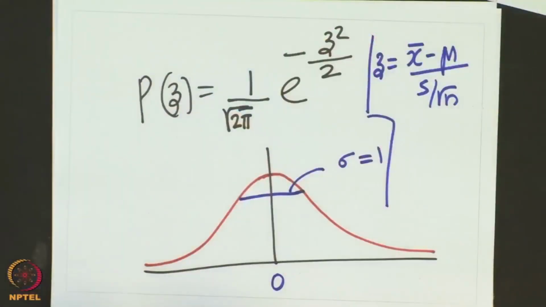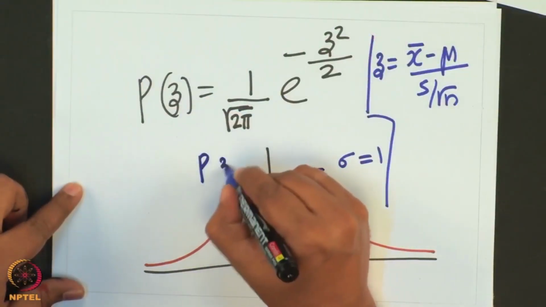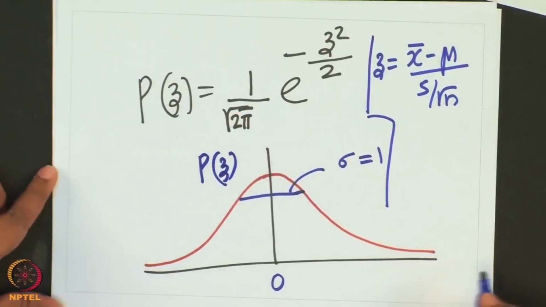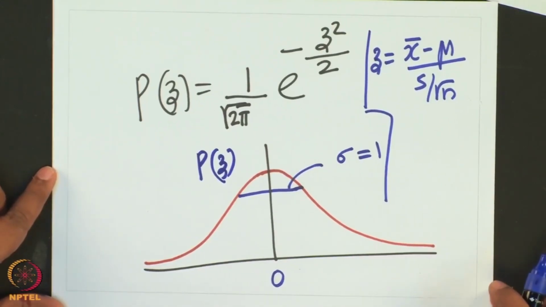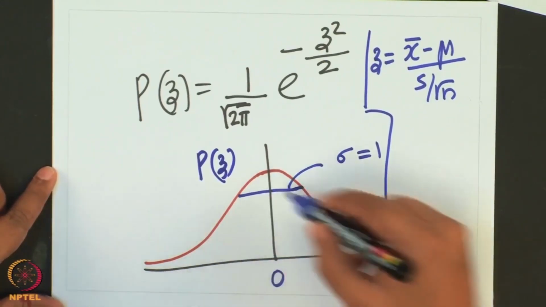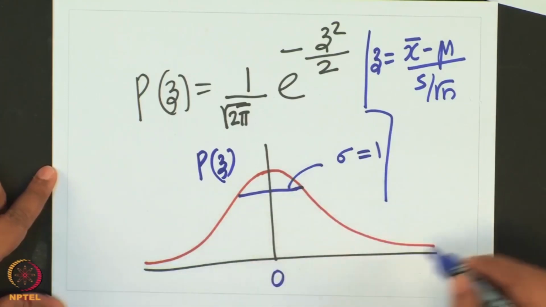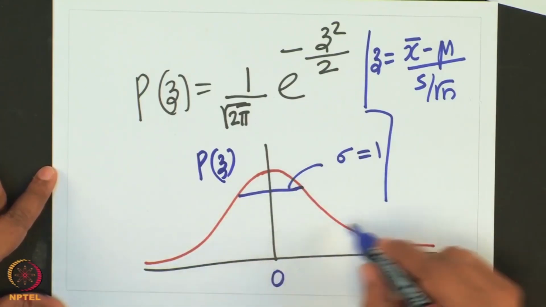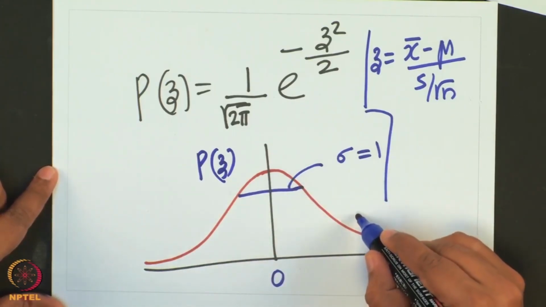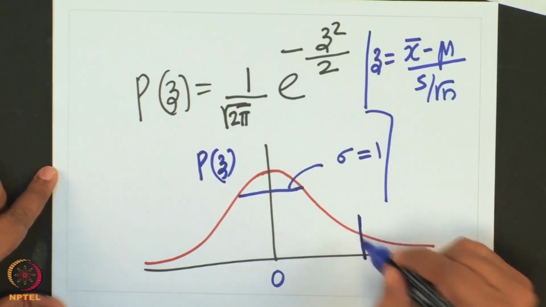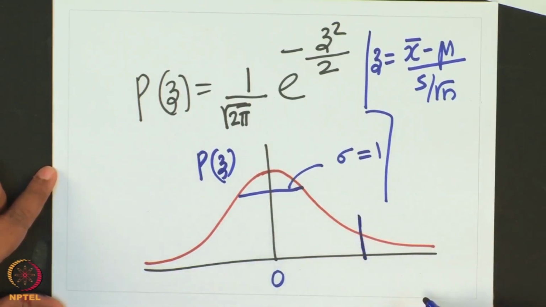So look at this again. What is plotted here is P of z. We are saying that z could have any of these values, and there is a probability of getting any of them. But if you get a very large value of z, which is far away from the mean, it is very likely that your null hypothesis can be rejected.